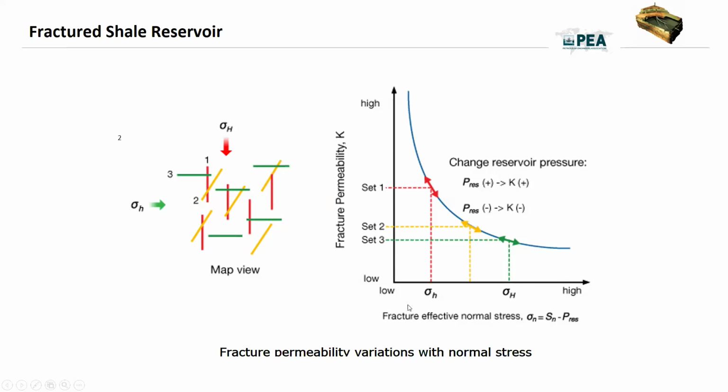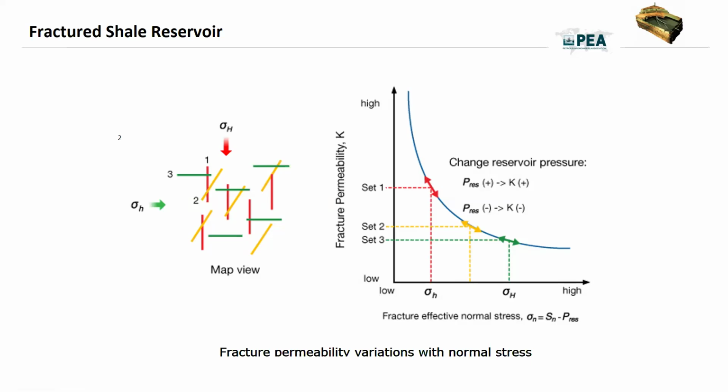So here we see the impact of the effective normal stress on the fracture permeability and the change in reservoir pressure. If we consider how a change in reservoir pressure affects this permeability, we also assume that the fracture permeability obeys the parallel plate permeability. Since the fracture aperture is a function of the effective normal stress, the change of effective normal stress will have a direct impact on the fracture permeability.